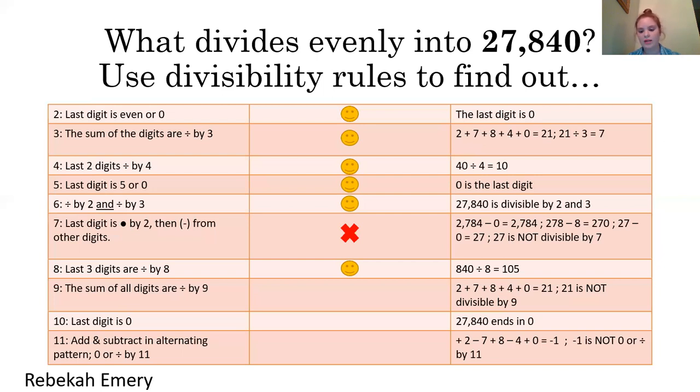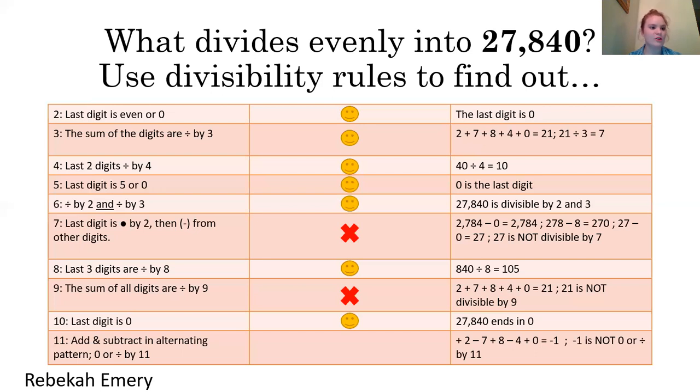So 2 plus 7 plus 8 plus 4 plus 0 equals 21, and 21 is not divisible by 9. A number is divisible by 10 if the last digit is a 0, and we've learned at the top that our last digit is a 0, so there's a smiley face.